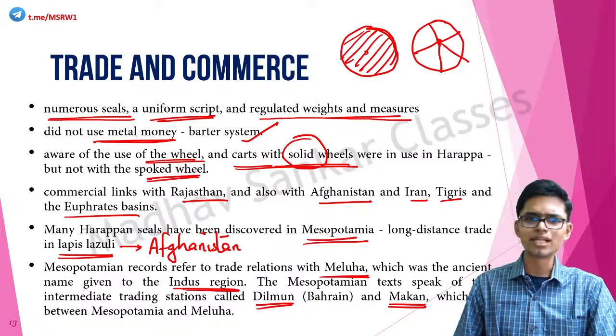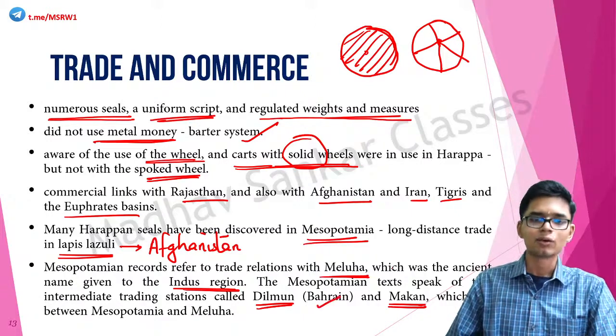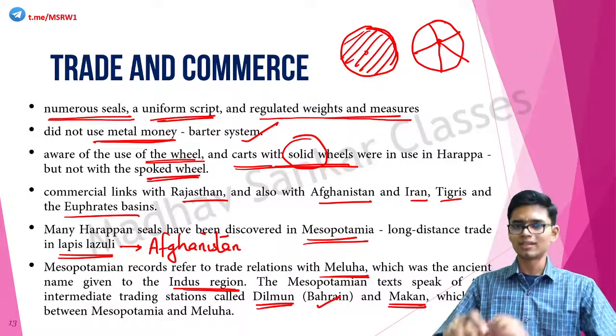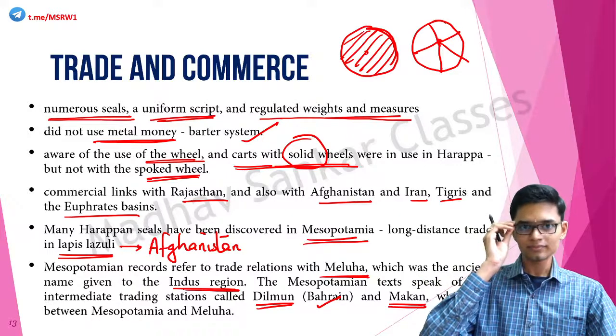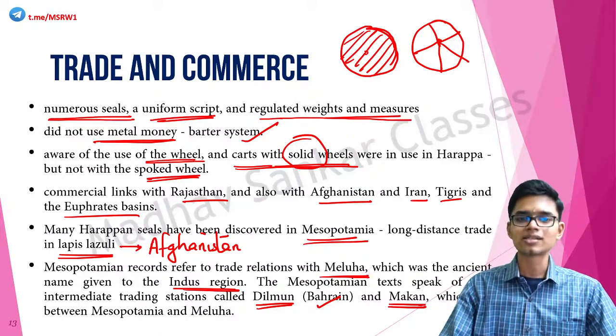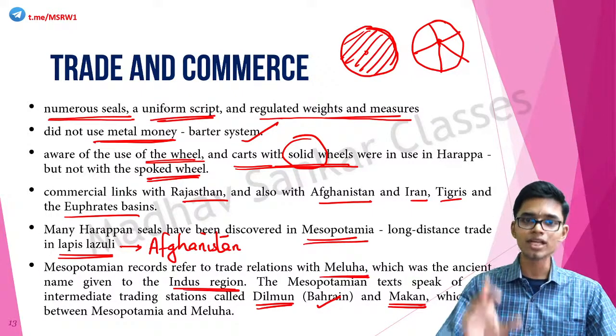Historians believe that Dilmun is modern day Bahrain, and Makan is the Makran coast. But all these are inconclusive. Debates are still going on regarding what exactly these terms mean, but in the NCERTs it is given as such. Meluha probably points to the Indus region and Dilmun to the Bahrain region.